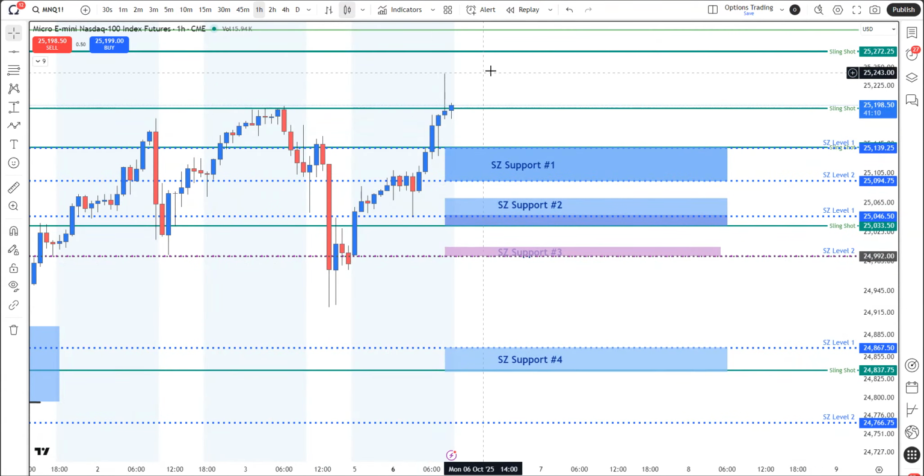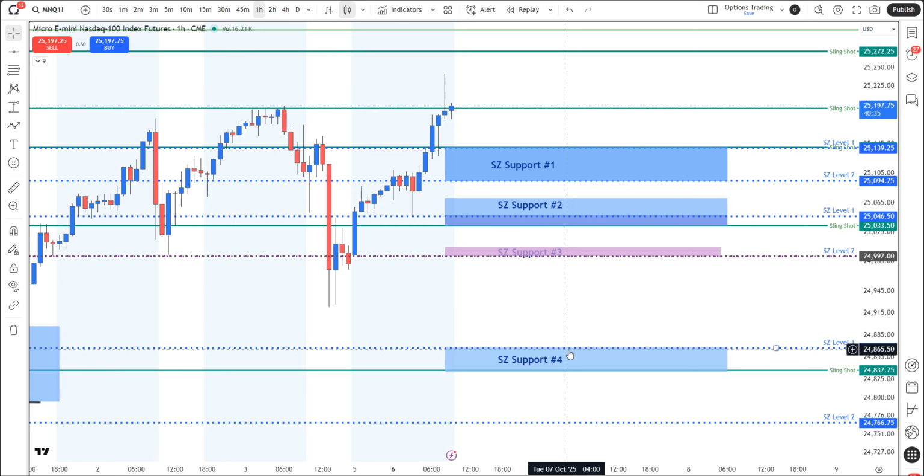On the way down, again, we have potential support at the 25,139, 0.94, 0.46, 0.33, and 24,992. Those are the strongest support areas. If we have a massive sell-off way below the 24,992, expect the market to potentially go into the massive support number 4.